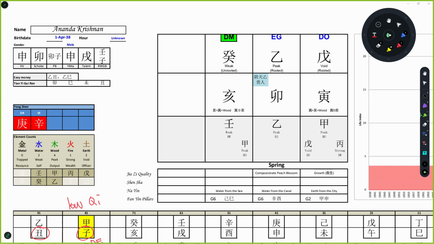And therefore, a day master that is normally weak would welcome resource, and also would welcome the self. But of course, further we may want to consider what that would denote and what it would bring about.